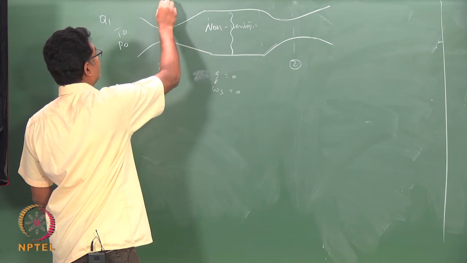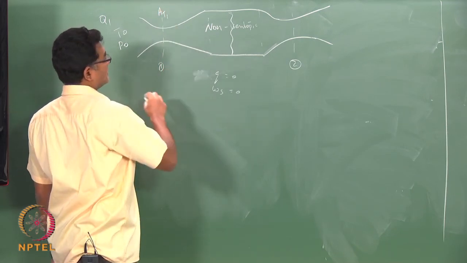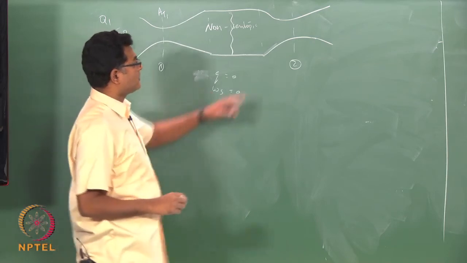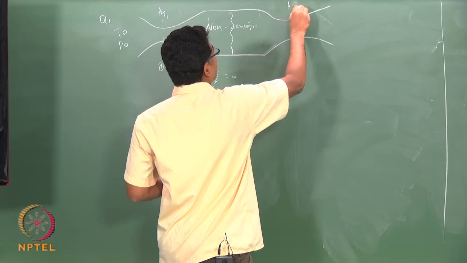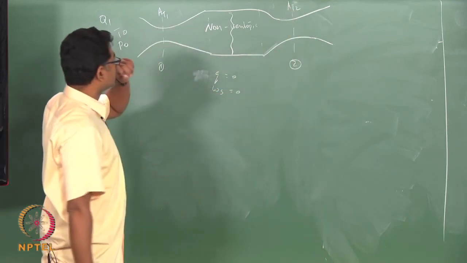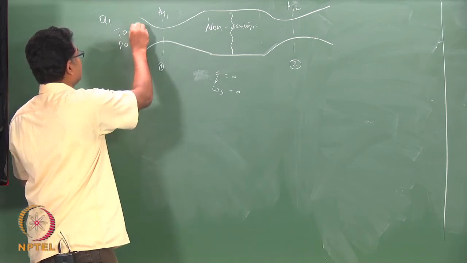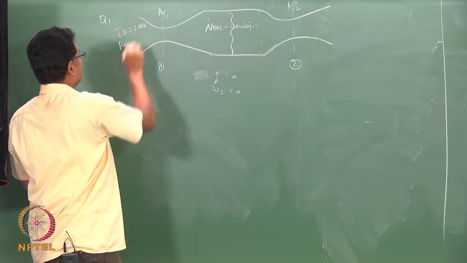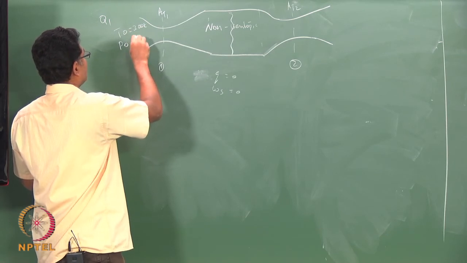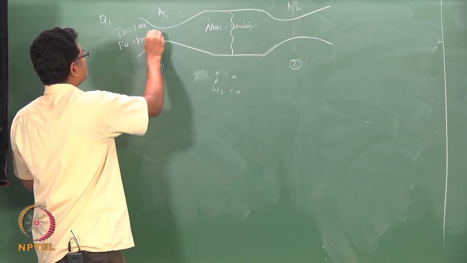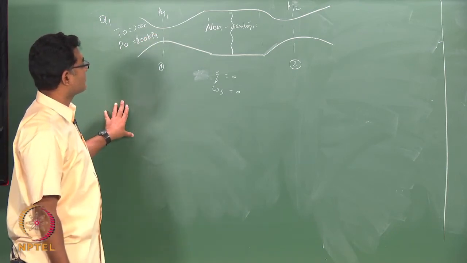So, I have A1, A throat 1 and A throat 2. My temperature here is 300 Kelvin, and pressure is 200 kilopascal. Okay.